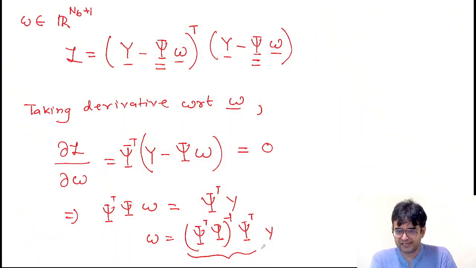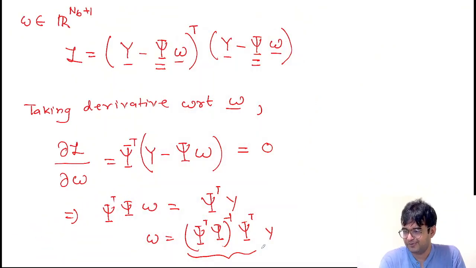This psi transpose psi whole inverse multiplied by psi transpose. It has a name. This is known as the pseudo inverse. So there was Penrose, one scientist who came up with this actually. So this is the Penrose pseudo inverse.